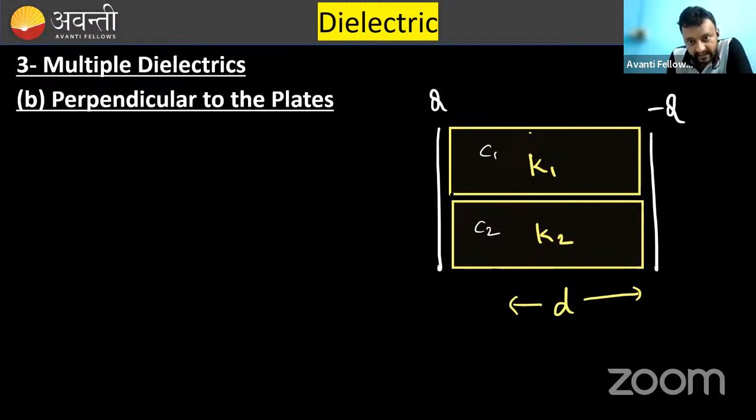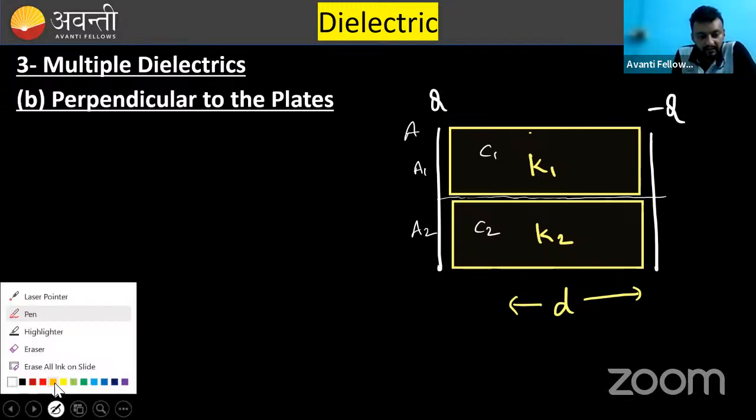At the interface, this is one capacitor, this is another capacitor. The plate has a total area A. This portion has an area A1 and the lower portion has an area A2. The separation between the plates is D, and both capacitors C1 and C2 have the same separation.